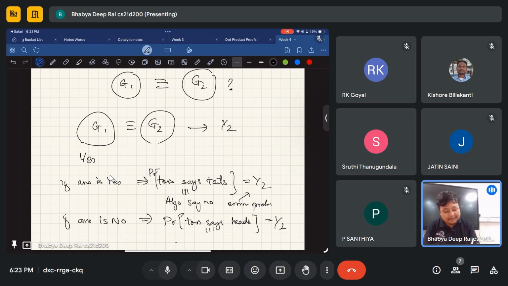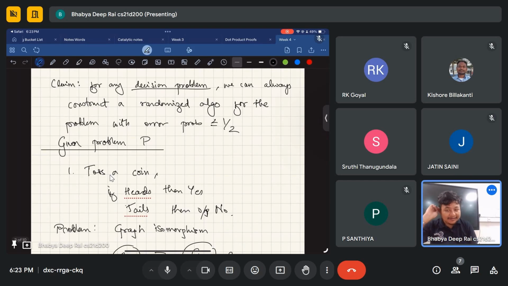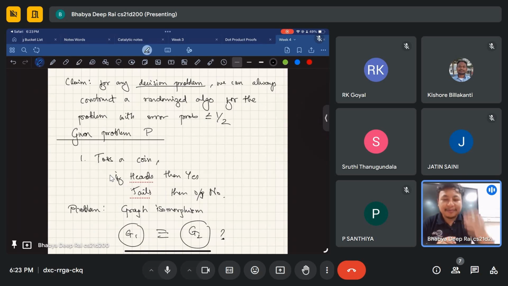This is equivalent to saying the algorithm says yes, because if there was a heads, then I'm saying yes. So now I hope you can see why it is important that I have an error probability of at least more than half. Sorry, I cannot guarantee the half.